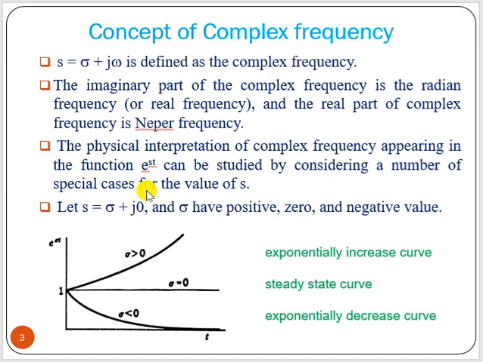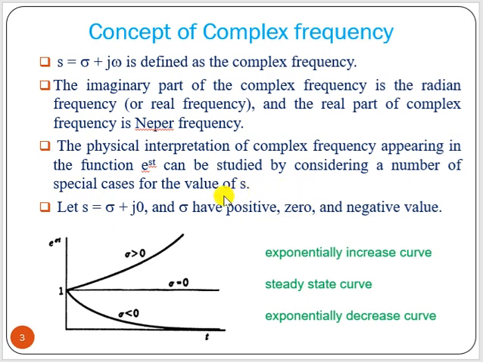So in this term we can write e to the power sigma t. If sigma is 0, then e to the power 0 is 1, so it is a steady state curve or a DC response. That time omega is 0 also.